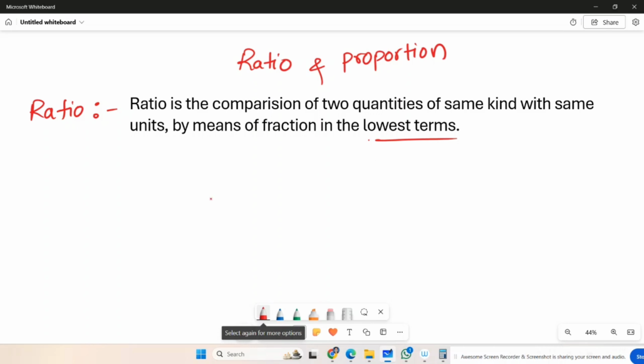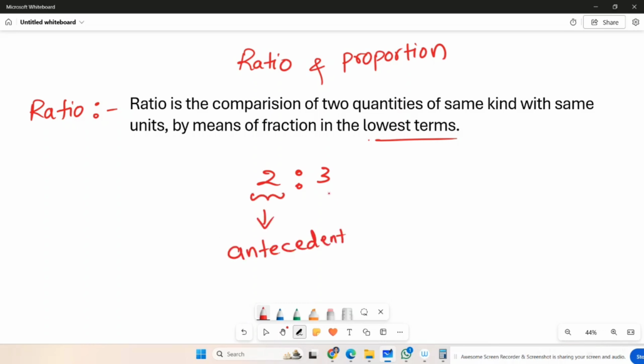And here, in the ratio of two quantities, let's say, suppose 2 is to 3, right? The first one we call as antecedent. The second term we call as consequent. So, when it comes to fraction, we say numerator and denominator, right?